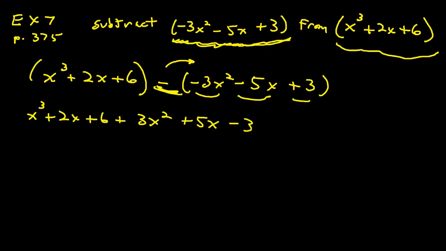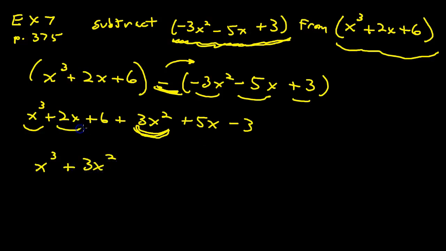Now I can combine like terms, but I've got to be a little bit careful. I'm not going to bother with the column method here. I have an x cubed term and no other x cubed term in this expression, so the x cubed carries through. For x squared, there's a degree 2 term and no other degree 2 term here, so that will carry down to the final answer.